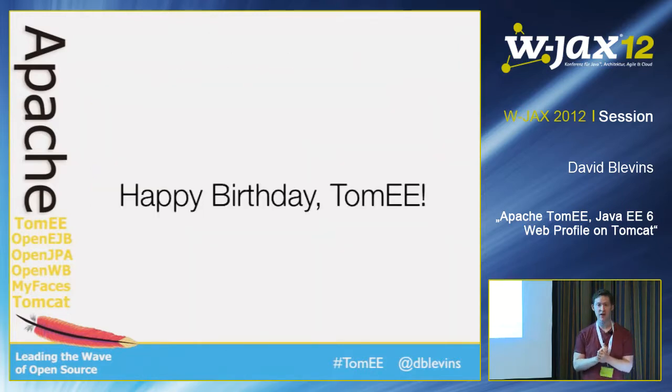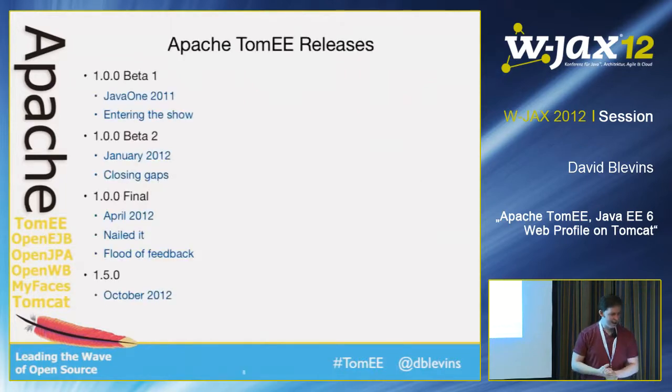So TomEE is about a year old right now. So happy birthday to TomEE. We released the very first version at JavaOne last year. That was our hello to the world. That was our first certified version. That was beta 1. So we cranked on performance.